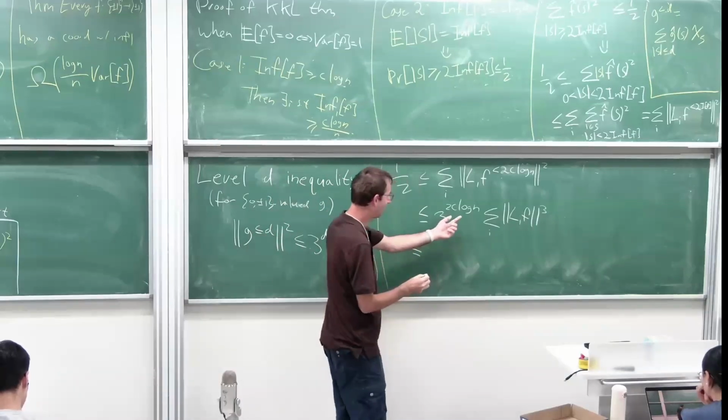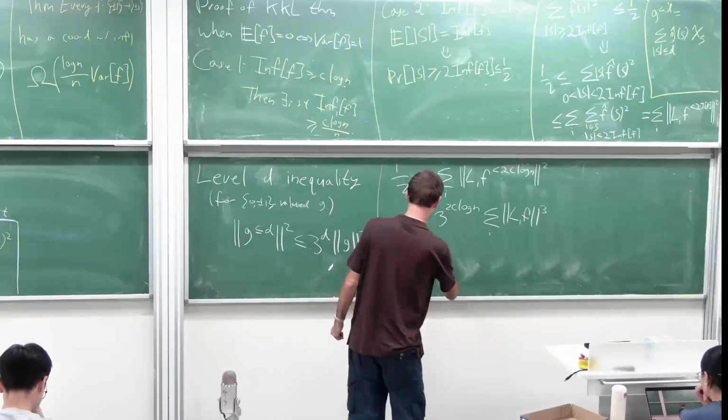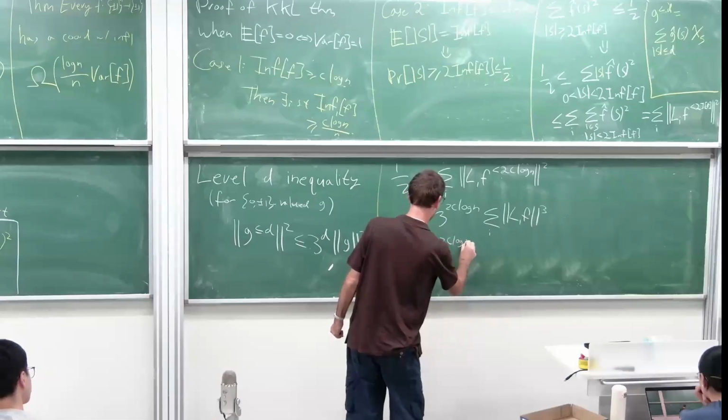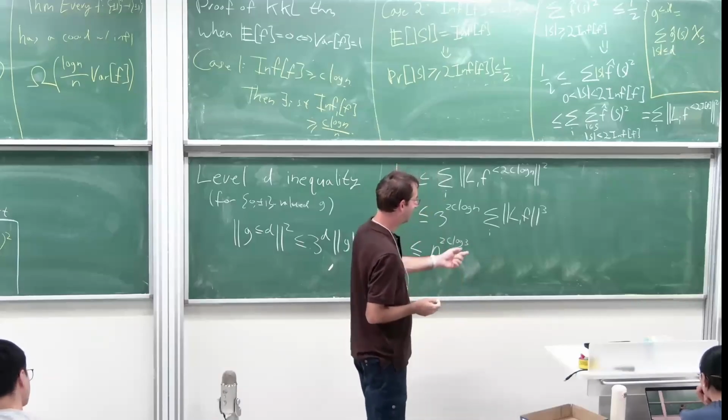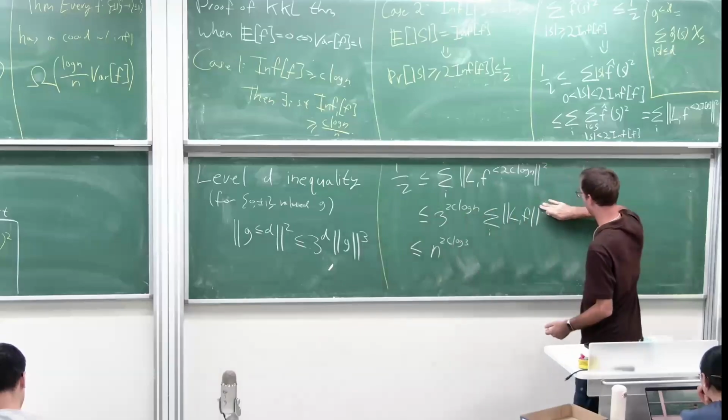Okay, now this is the difficult part. The 3 to the 2c log n is the same as n to the, I think, 2c log 3. Then, here's what we're going to do. We're going to write it like this.